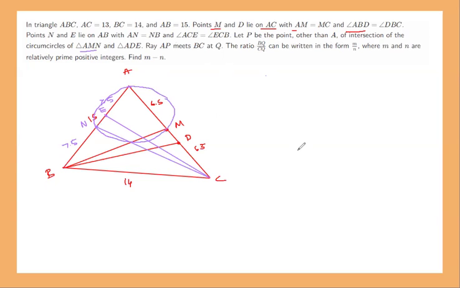You can try to do better than what I did right now, but I will just visually see how that looks. And ADE: D is right here, E is right here. So it looks like we're gonna have a smaller arc right here, and something like this.